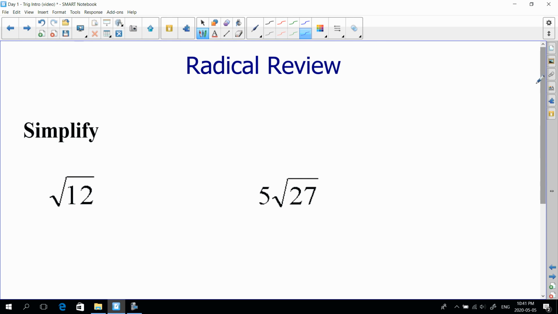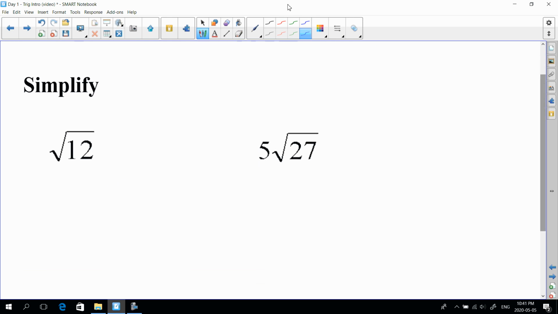For starters, root 12. If I ask you to simplify that, the square root of 12 is equal to, we can do its prime factorization. It's a 4 times 3, and a 4 is really a 2 times 2. So 2 times 2 times 3 gives me 12. That's another way of writing the square root of 12.